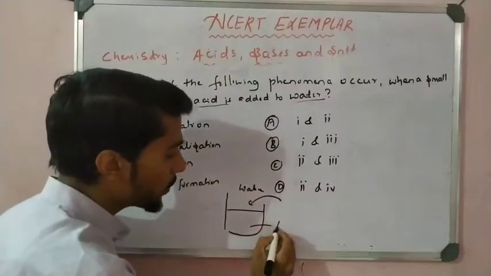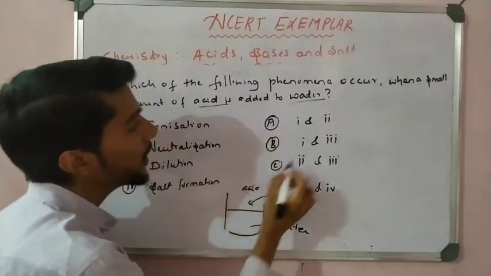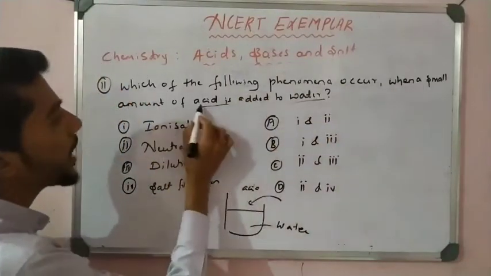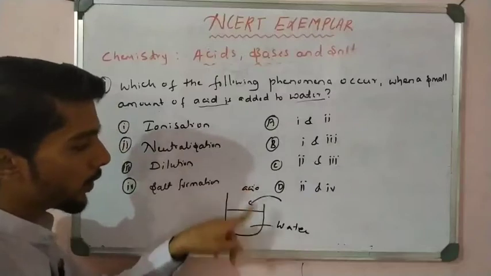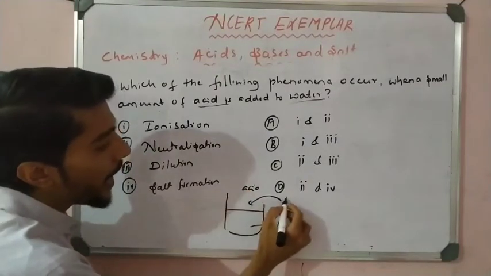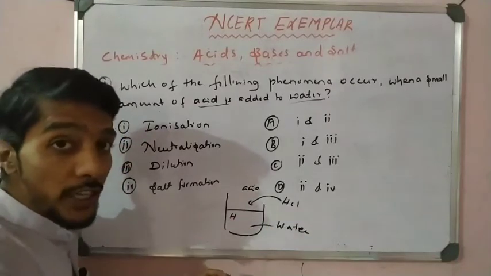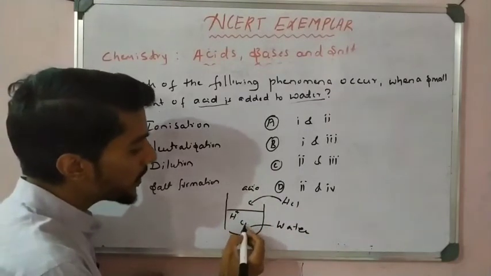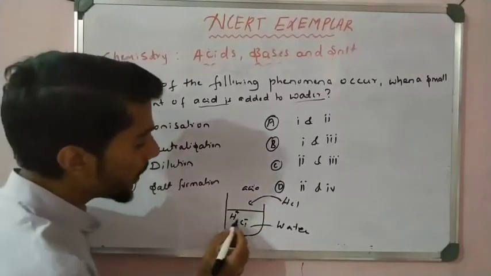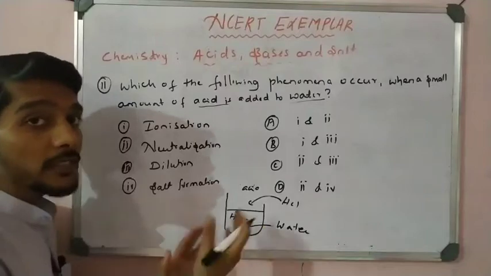First take water and add acid, drop by drop. When a small amount of acid is added to water, it is an exothermic reaction. This HCl is dissociated into H plus and Cl minus ions. See, ionization takes place here. Ions are formed.